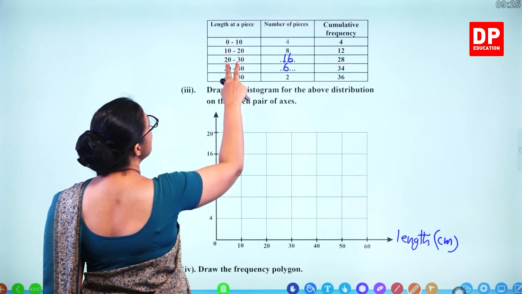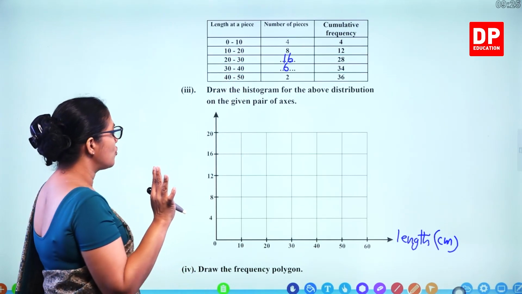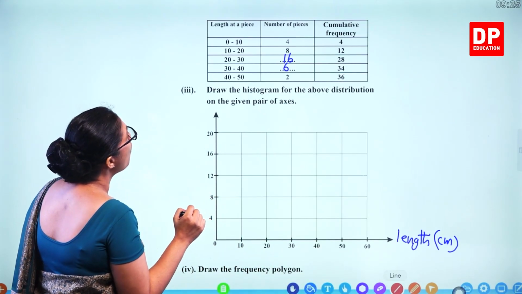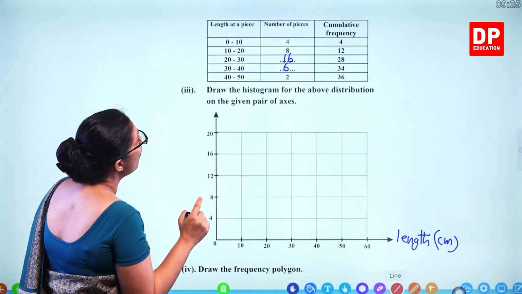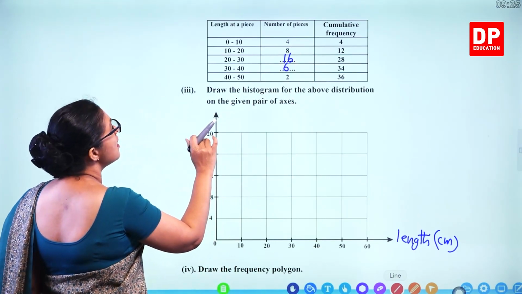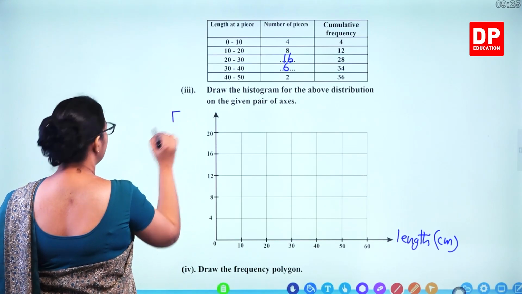Now first check whether bars are equal. 10, 10, 10 all are equal. So you can draw the histogram. So you take this one. So this is frequency, number of pieces.